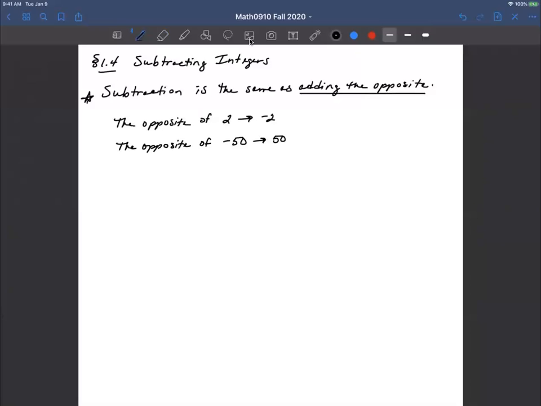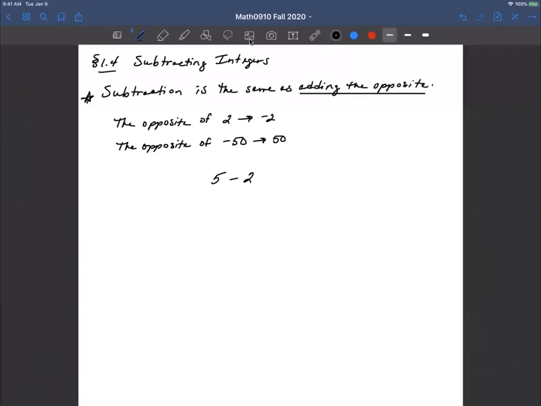So what does that look like when we're talking about subtraction? Well, if I gave you the subtraction problem, let's take one we know, 5 minus 2. Well, we all know that's 3. But let's put it in context to our foundational statement here of subtraction is the same as adding the opposite.